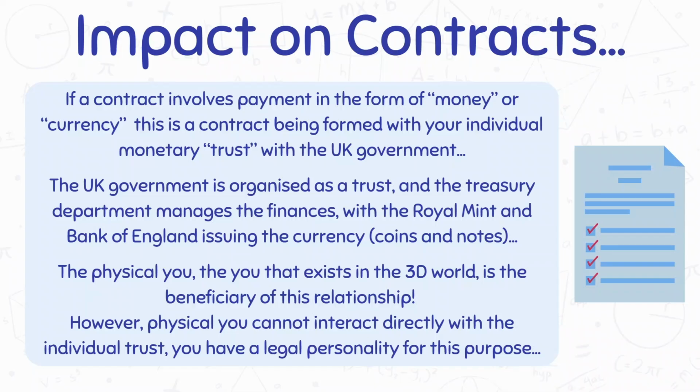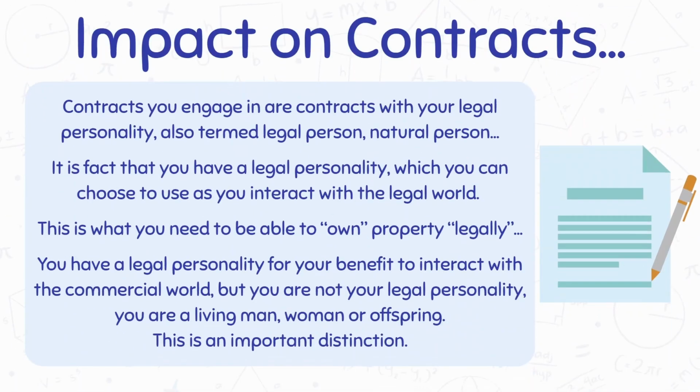And this point is that physical you cannot interact directly with or within the individual trust relationship. This is why we are all given the gift of a legal personality. All contracts that you engage in are in reality contracts with your legal personality, which is also termed legal person, natural person, legal fiction, legal identity, all sorts really.